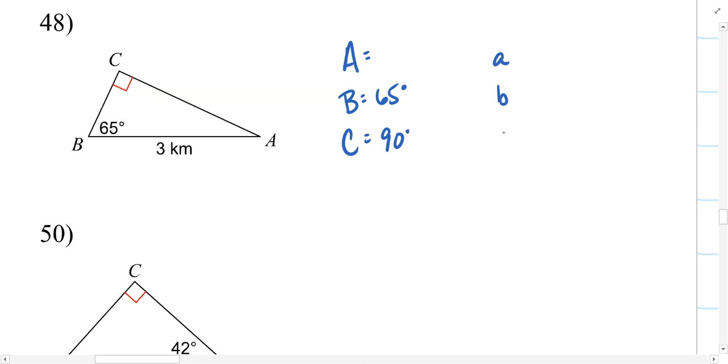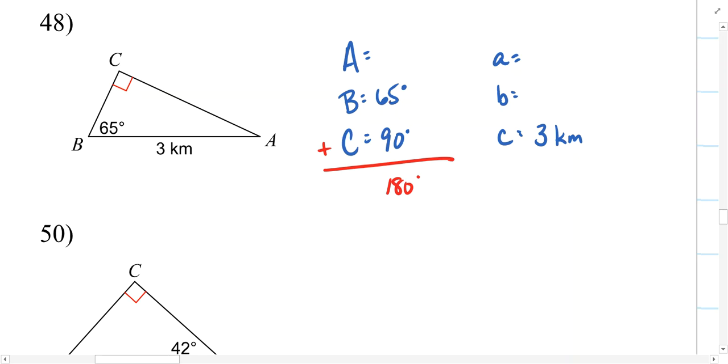Lowercase a, b, and c represent side lengths. Now, the side length across from angle C, we call that side length C. So I know that side length C is 3 kilometers in this case. But I don't know what side length A or B is. Now, you should also recall that the sum of all three angle measures must equal 180 degrees.